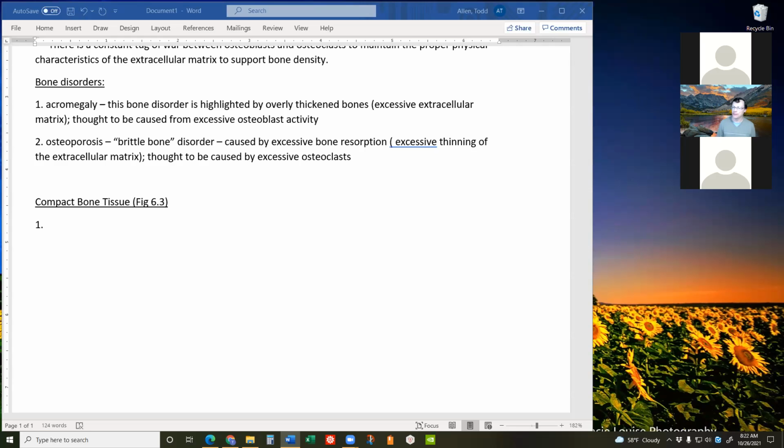Which is further away from the surface of the bone? Thank you for those that are contributing a response. Folks, take a look at the answers that you're seeing in the chat window. Let me repeat my question. Which type of bone tissue, compact or spongy, is more internal in the bone, which is to say further from the surface of the bone?